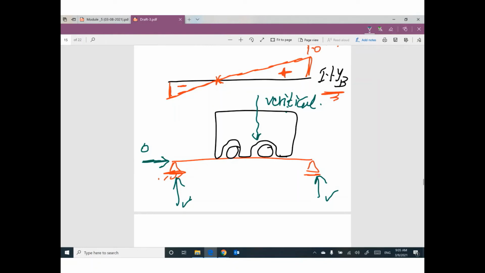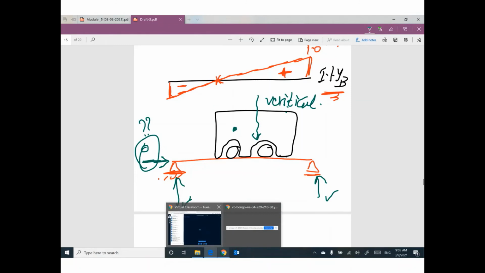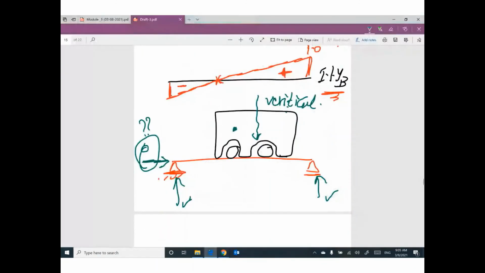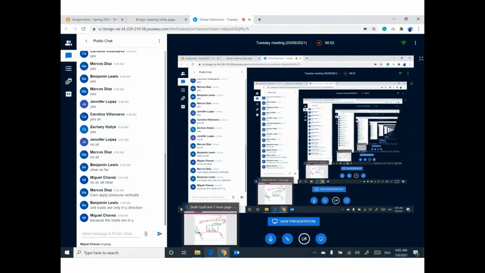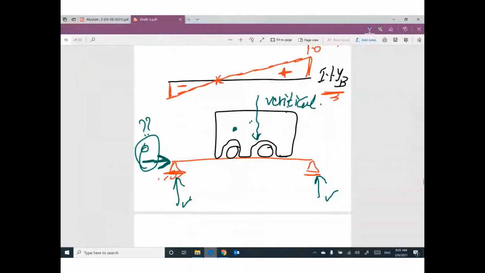Just for your information, it's not a part of our course, but let me ask, do you know when the truck will cause horizontal reaction? It's not a part of our course, I know, but just a question.